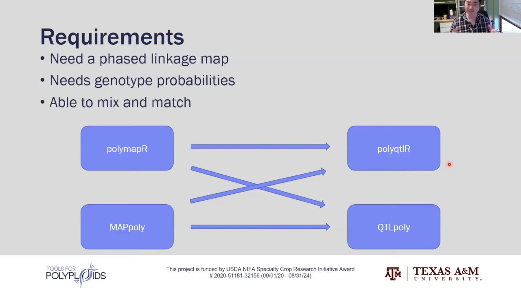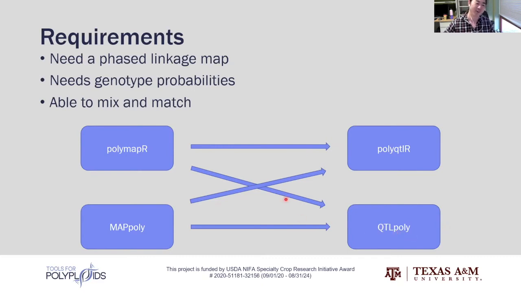So this is where I want to talk about my work in my PhD, because about 2 or 3 years ago, when I got my genotypic data back, only PolyMapper was available for mapping. So I did my maps, and when I got done with my maps, I had my phenotypic data, but at that point, polyqtlR had not been released, and only QTLpoly had been released.